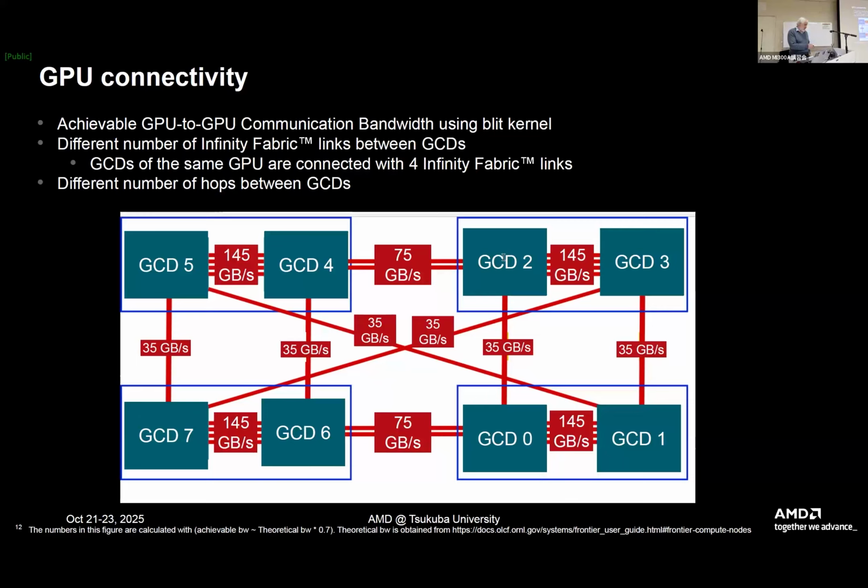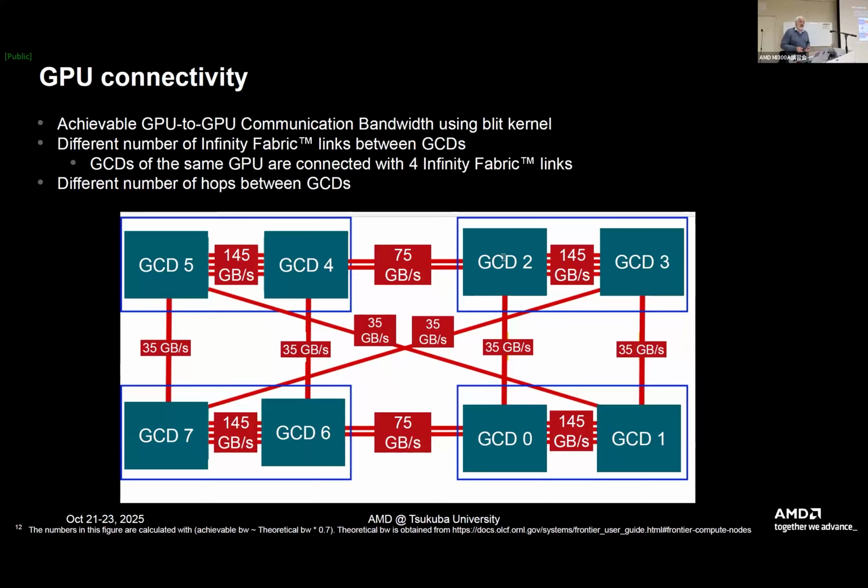So 0 and 1 would be down here. We should be able to get theoretically 145. And the rough rule of thumb is we're going to get 70% of that. When we did 0 and 4, see, we're only going over one link instead of these 4 here. So we're going to get a lower amount.